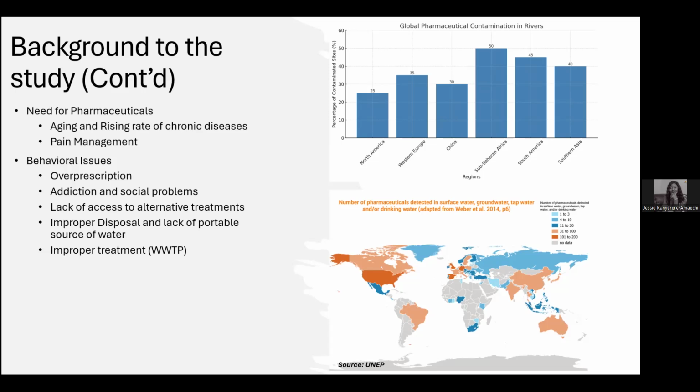On the above, you can also see a graph showing the rivers that have been contaminated with pharmaceuticals, the global pharmaceutical contamination. From this, we can see that sub-Saharan Africa is the leading continent in terms of this pollution.